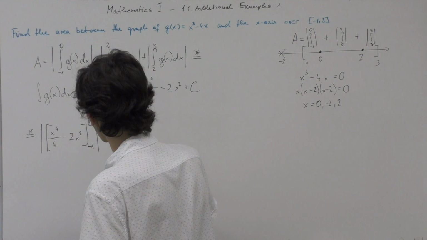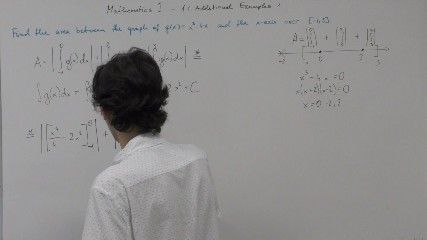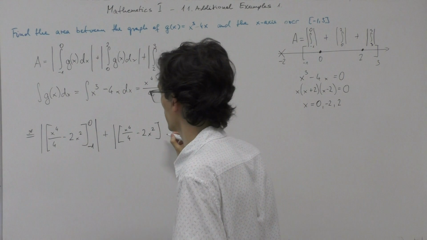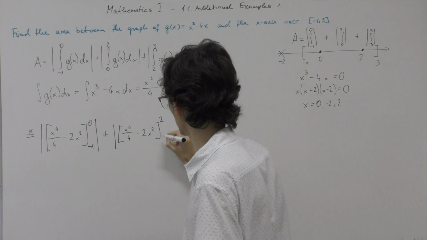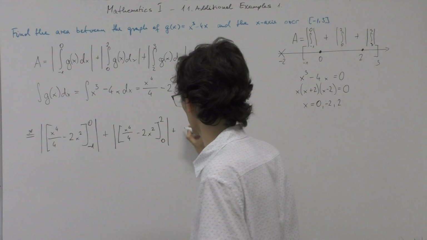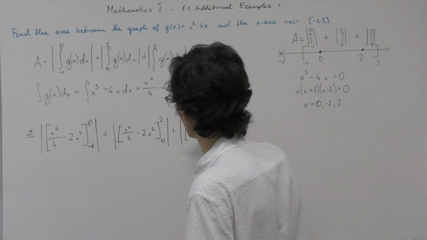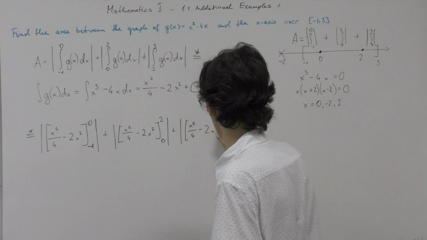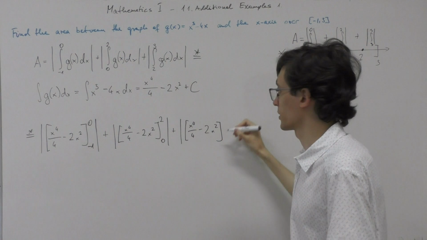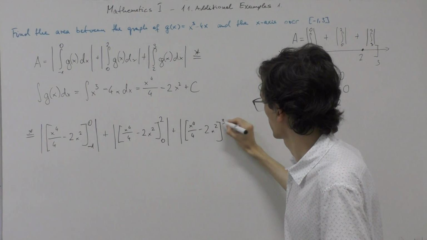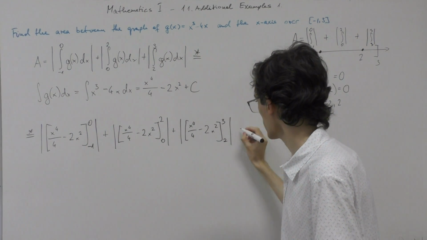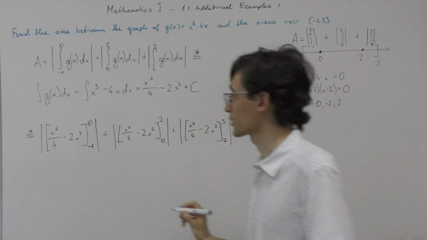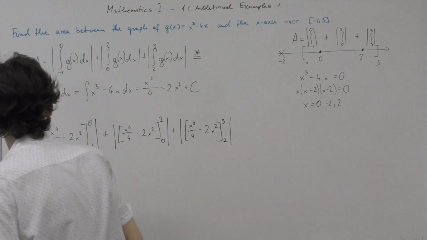So absolute value, the antiderivative, and the difference between 2 and 0, and then the absolute value and the antiderivative, and the difference of its values between 3 and 2. Now we just need to write in these values to get our answer.